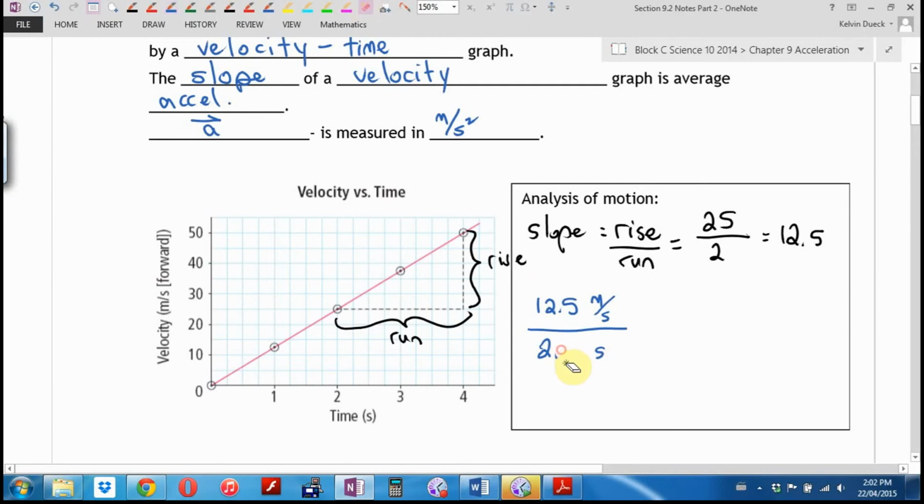Sorry, let's try that again. It's 12.5 meters per second per second. The rise is meters per second. The run is seconds. What is meters per second per second?